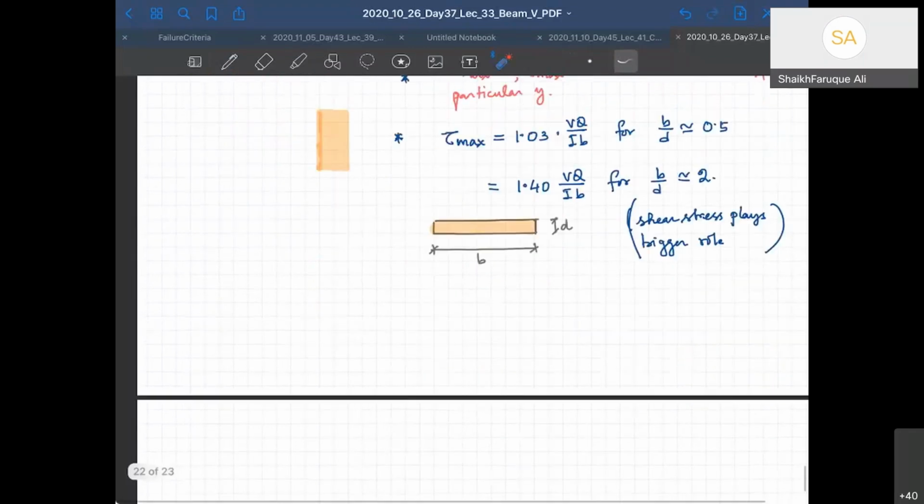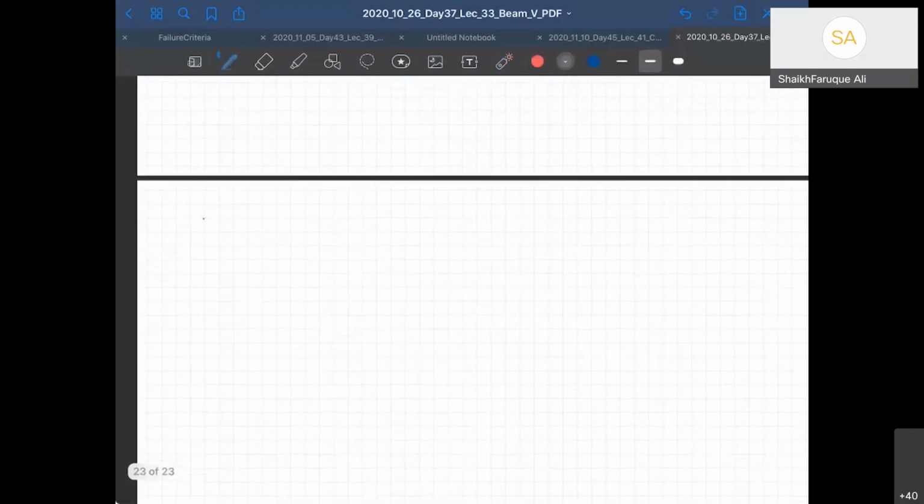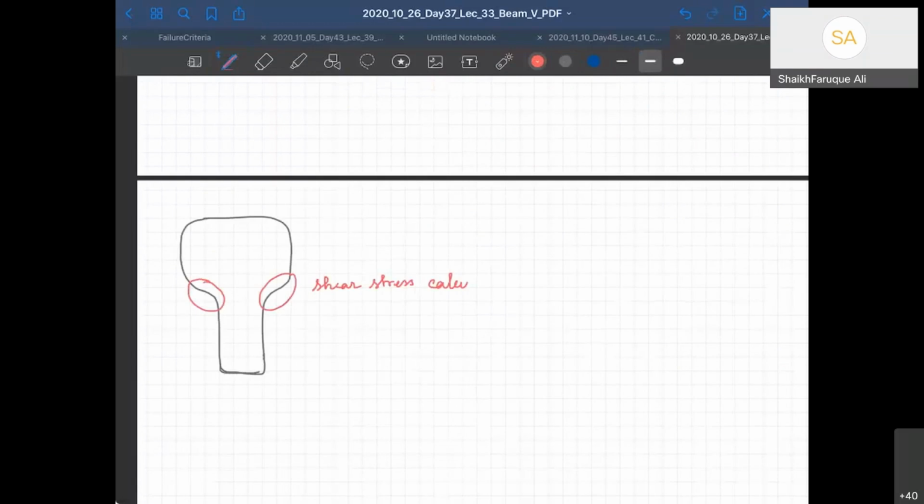So for sections like this, you will always have issues with your shear stress calculations at these locations, to be governed using advanced theories. Okay.